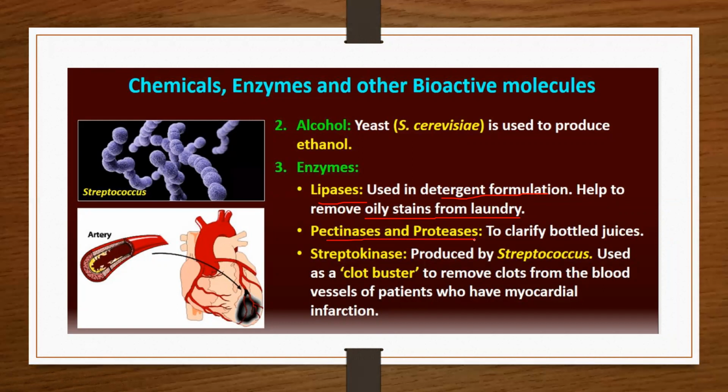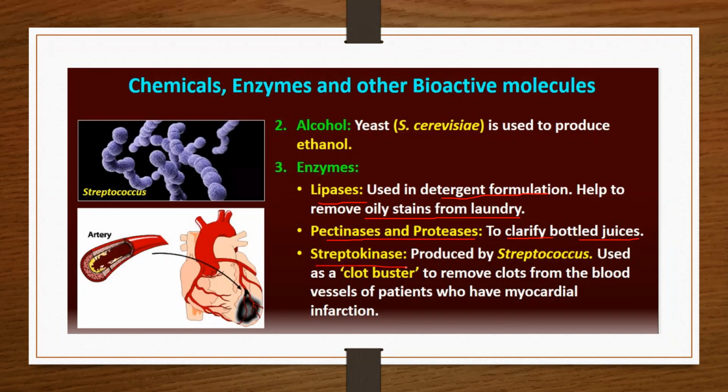Pectinase and proteases are enzymes which are added to bottled juices, and thus the bottled juices are very clear. Children, whenever we produce juice at home, we see that it's not so clear. It's not so white, it's a bit brownish. But the juice we get in the market is very white. And that is because pectinase and proteases are added in it.